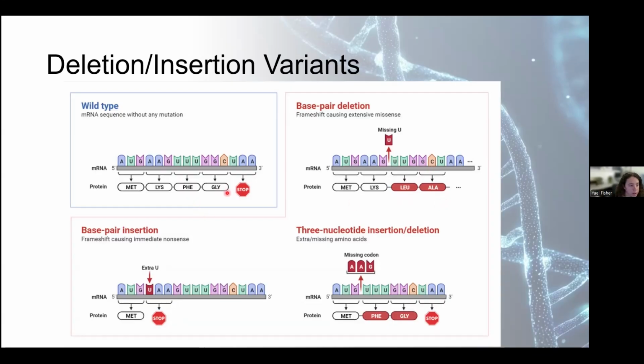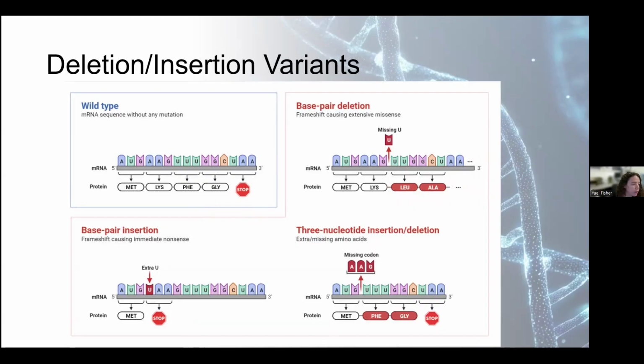So instead of having a glycine, we'll have an alanine, and instead of having a stop codon, this will go on and keep translating into a protein until another stop codon will be formed.